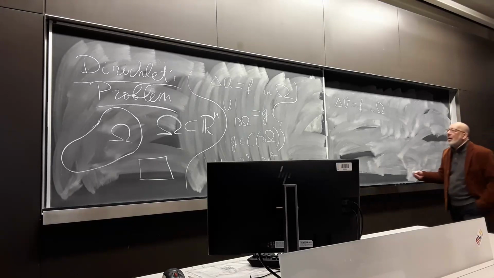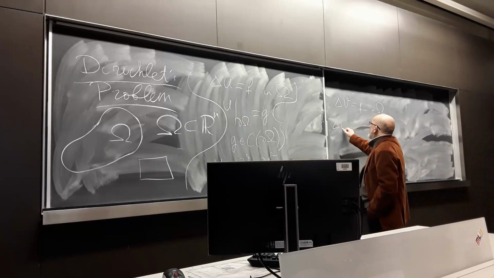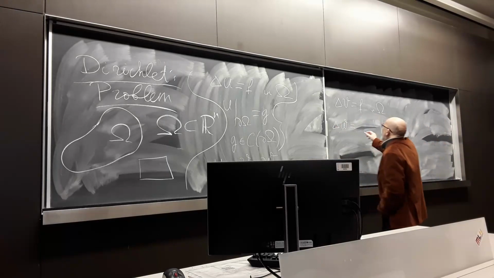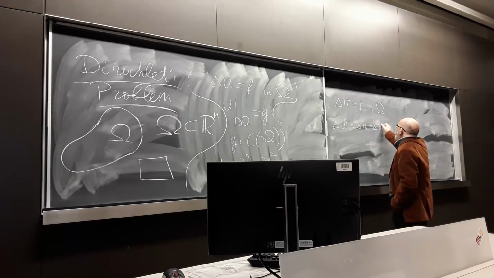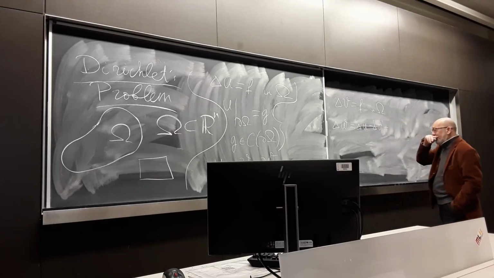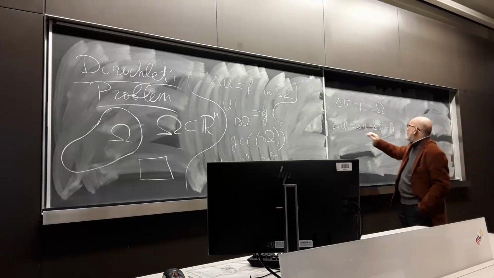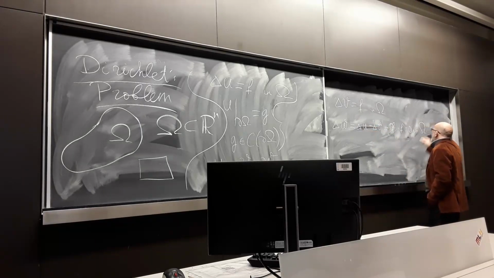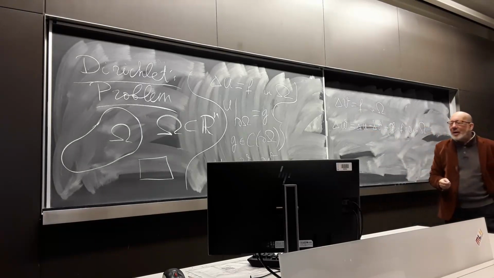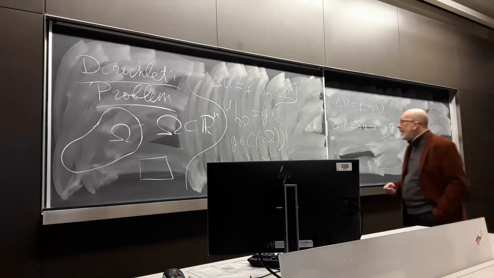And so w satisfies Laplacian w equals Laplacian u minus Laplacian v, which equals f minus f, equals 0 in omega. So this is one thing.